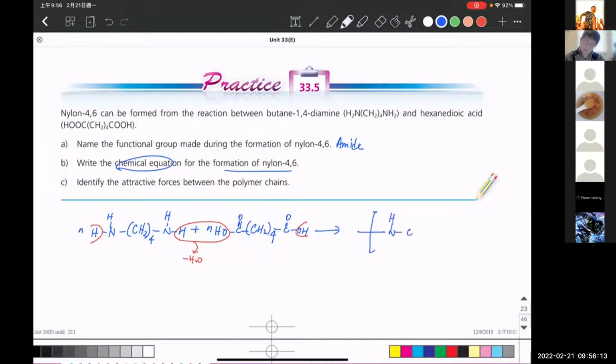NH, CH2 bracket 4, and H, C double bond O, and then CH2 4, C double bond O, like this.